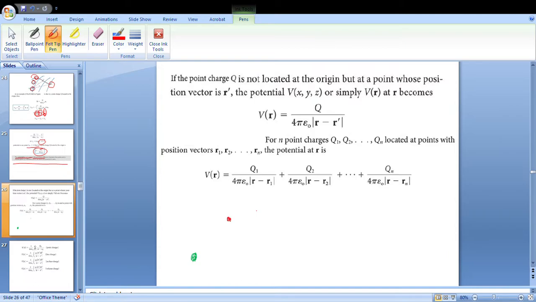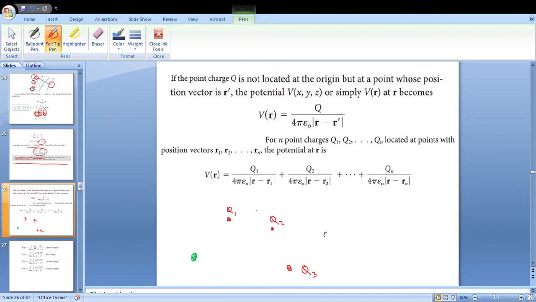This is Q1, and this is Q2, and this is Q3, right? And now we'll consider one point where we have to calculate the potential.